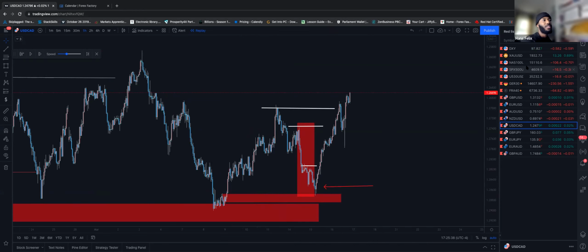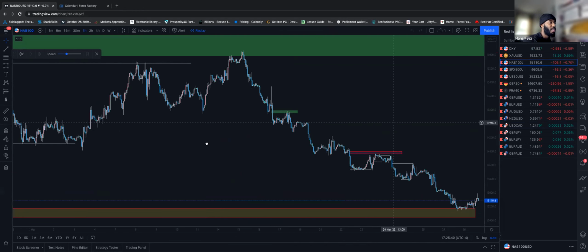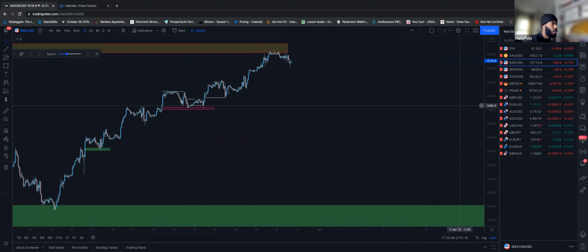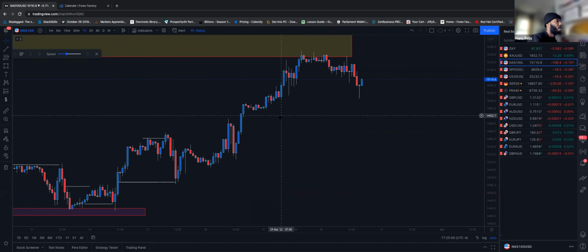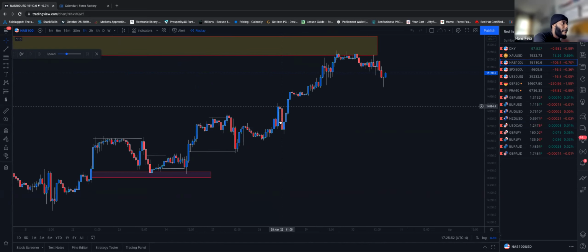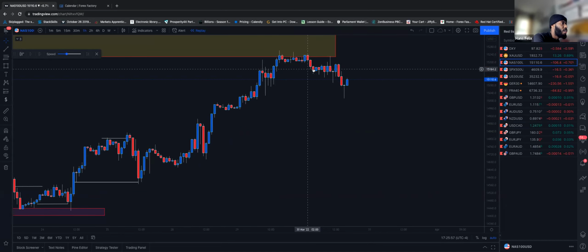Now let's take a look at what happened with Nas 100 today. I almost forgot, I'm on the inverted scale, right? So last night we were trading. I think we started here. We were trying to get in the trade.